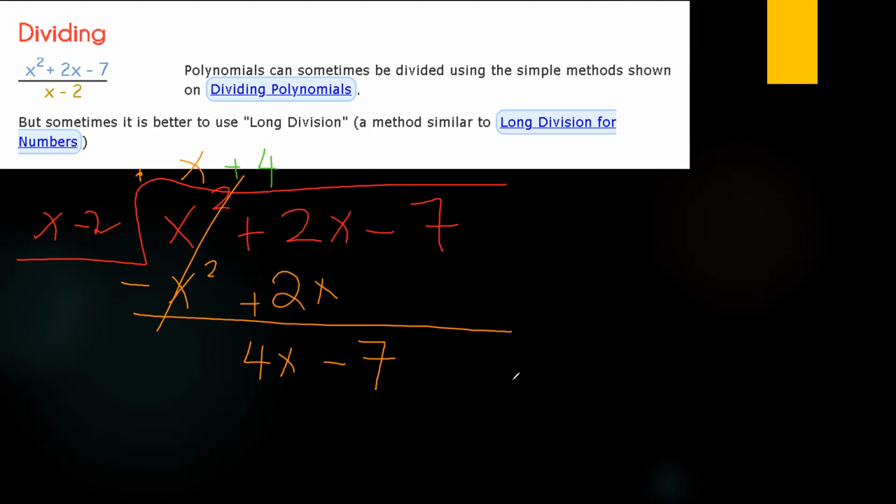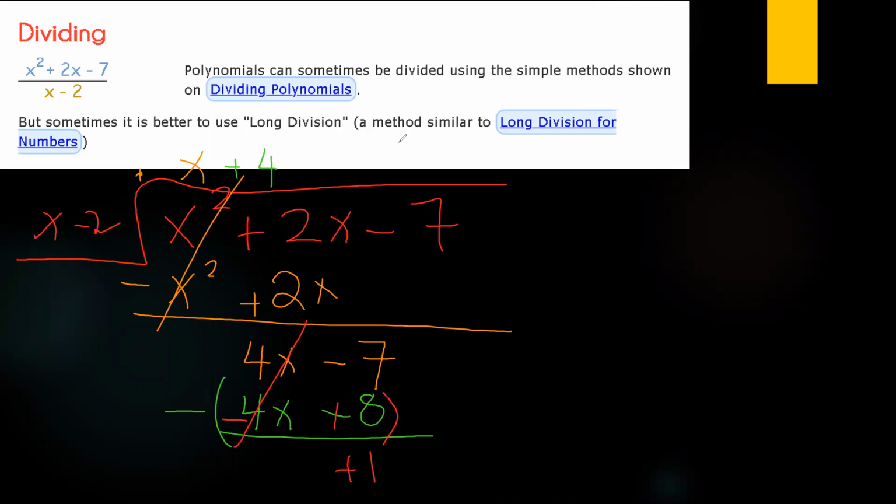Then multiply 4 by x minus 2. So you have 4x minus 8. Then subtract. When you subtract, you have to change the sign of each term. So the remainder is 1.